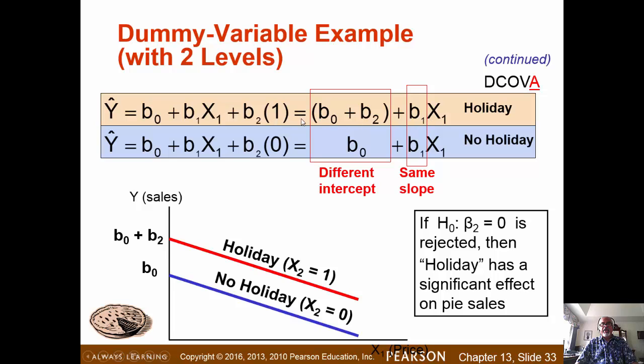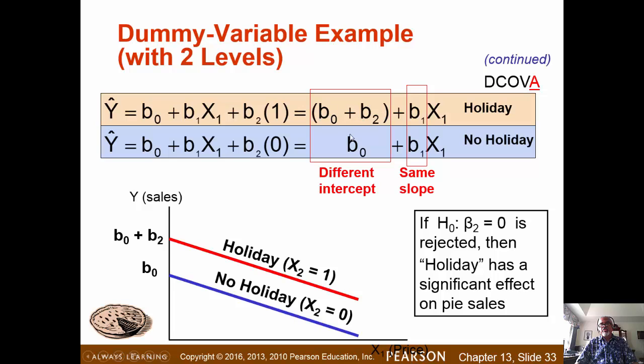Here is what the regression equation will look like. You have b sub 0, b sub 1 x sub 1, which is the price, and then x sub 2 is either 0 or 1. So your regression equation turns out to be b sub 0 plus b sub 1 x sub 1 plus b sub 2 x sub 2.